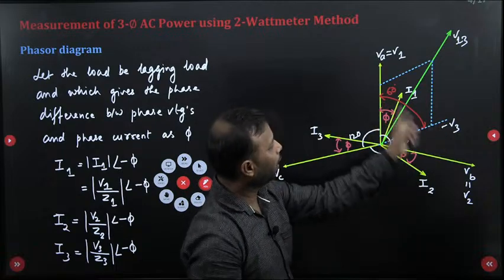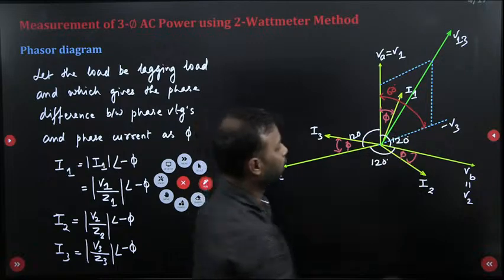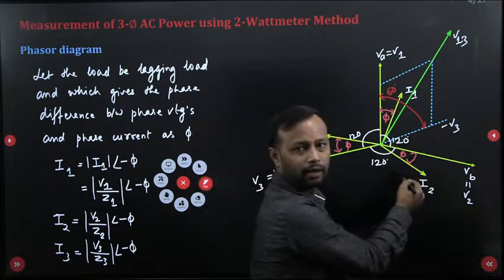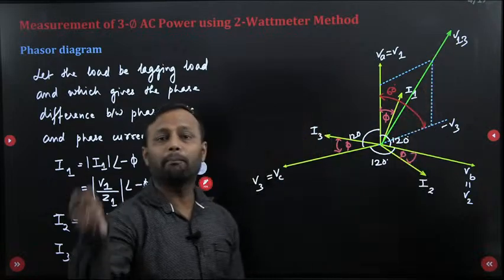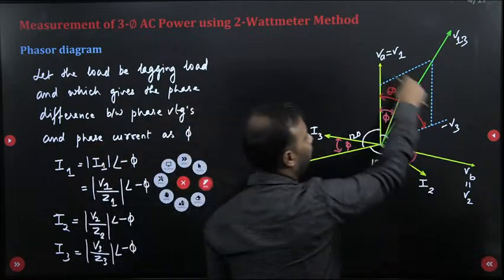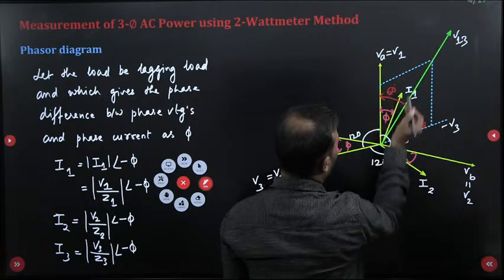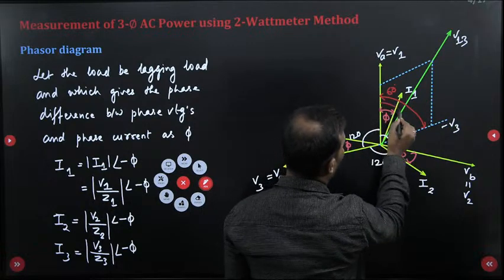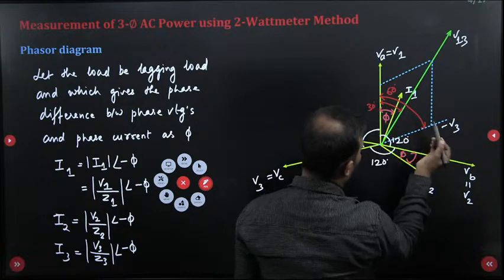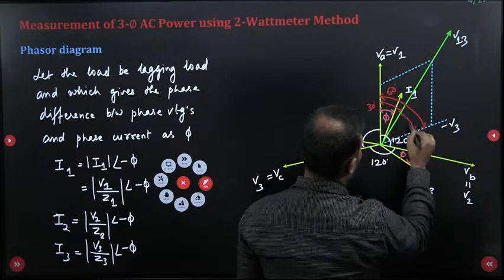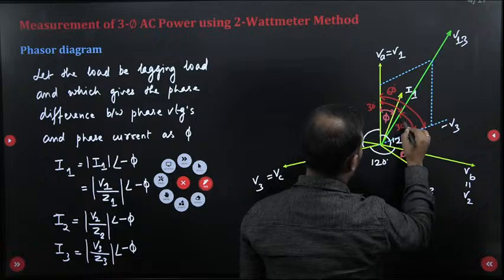So the angle here is 60 degree. So this angle is what? Again 60 degree, because total is 120. And this V13 will act as an angle bisector for V1 and minus V3. So this angle from this point to this point is your 30 degree. Similarly, this point to this point is again 30 degree.